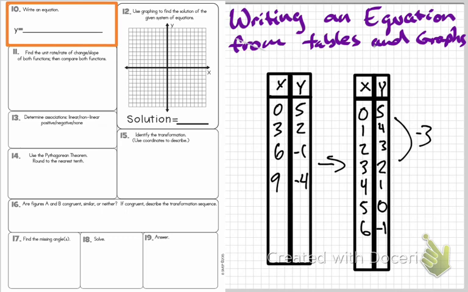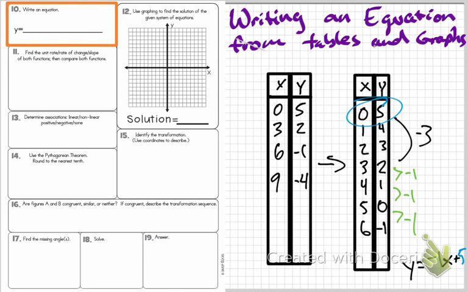Once I've done that, now I'm ready to move on and find my y-intercept and find my slope. In this case, my slope is -1, not -3, because we want to know what it is per one change of x. So we would end up with y equals -1x plus 5.